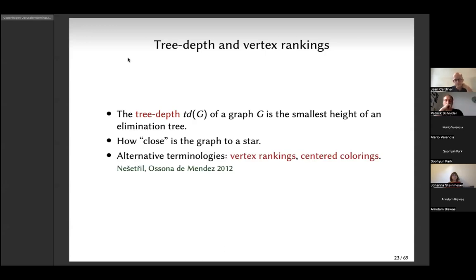And there are a lot of different concepts and notions that have been studied in combinatorial optimization, approximation algorithms, and graph theory that are very much related to this. For instance, vertex rankings and centered colorings essentially are measuring something that is related to tree depth, which is somehow related to those minimum height elimination trees.